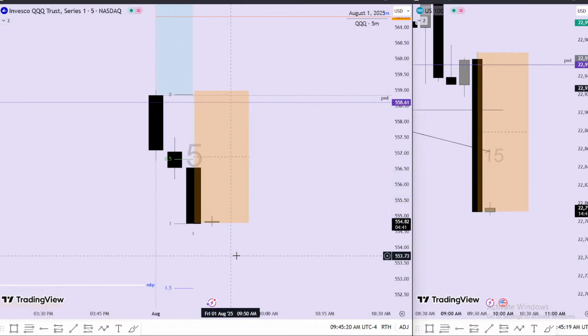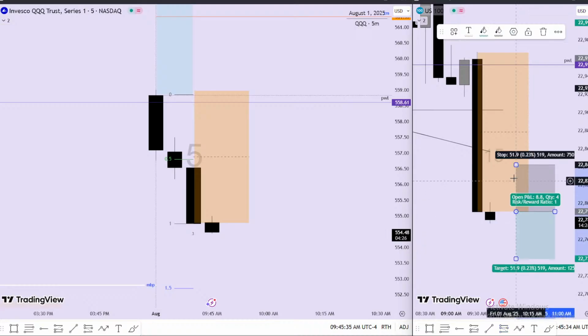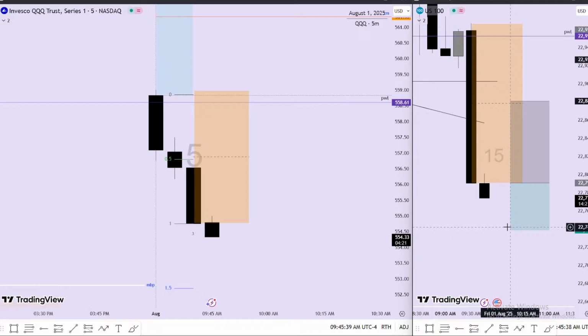Can I? Dang. So short. It's a small position. So short lot size is aiming for one times my risk.